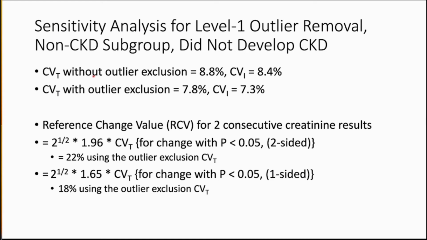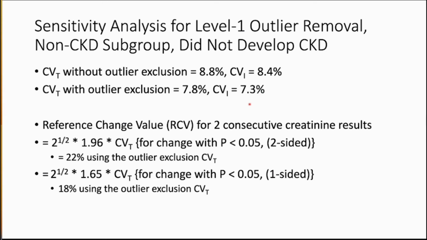So the total variation that we saw in creatinine without outlier exclusion was 8.8%, giving a biological variation of 8.4%. Some of that addition, of course, is the analytical variation, which I told you was about 2.7%. And if we did outlier exclusion, then the biological variation dropped to 7.3%.